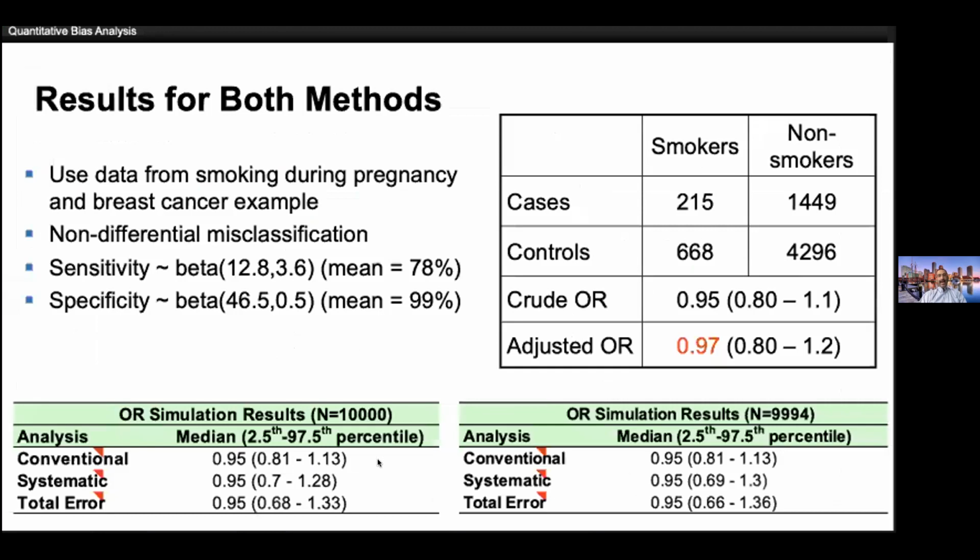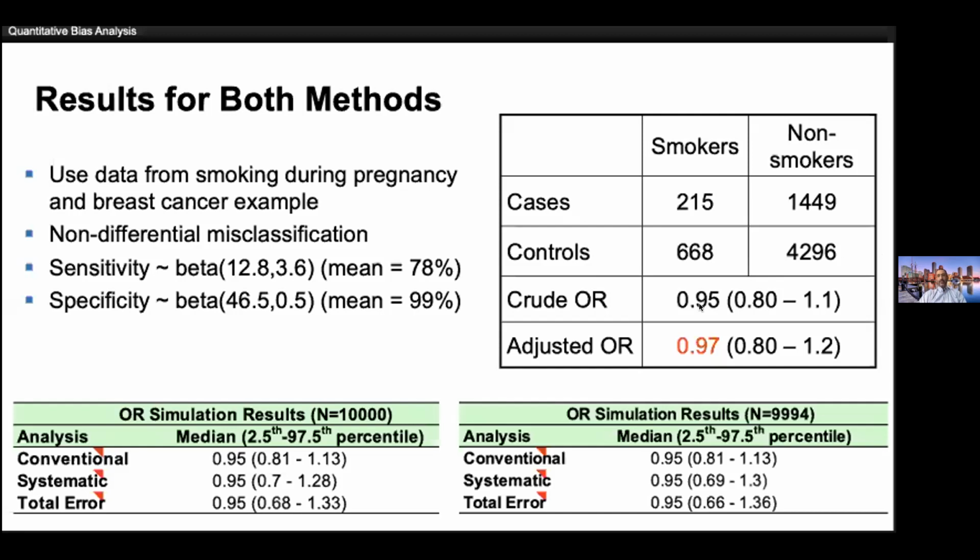So here's what you get if you put in sensitivity and specificity distributions using beta distributions. I got these from the example that I used on the previous slide when I showed you the beta distributions, but they have, again, a mean sensitivity of 78% and a mean specificity of 99%, using the same example, smoking during pregnancy and incident breast cancer.